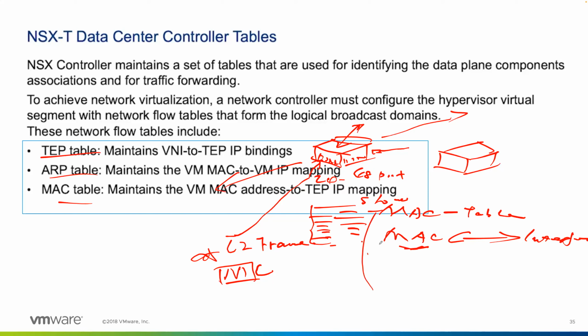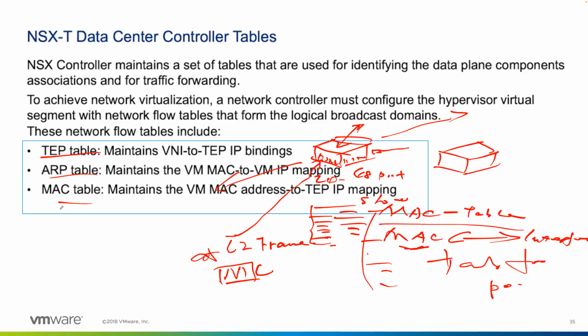They can also have other tables for forwarding, to do performance forwarding and things like that. But the general theory for layer 2 switching is a MAC table, plus some other important tables.